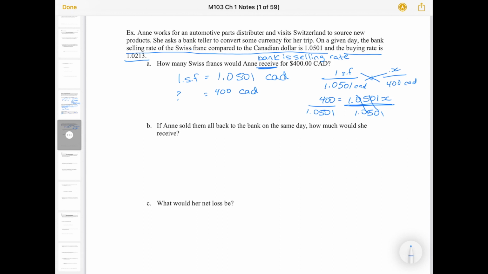So 400 divided by 1.0501 is going to give me the value here of X equals 380.916. So let's round it properly here. She will receive 380.92 Swiss francs.